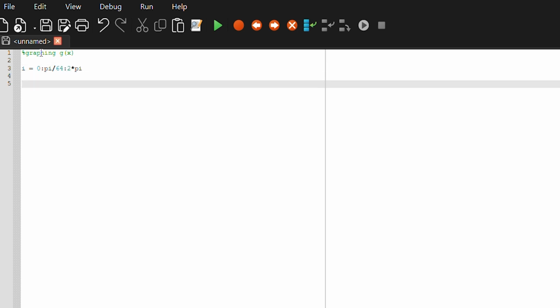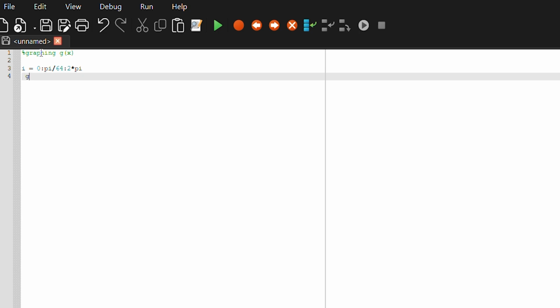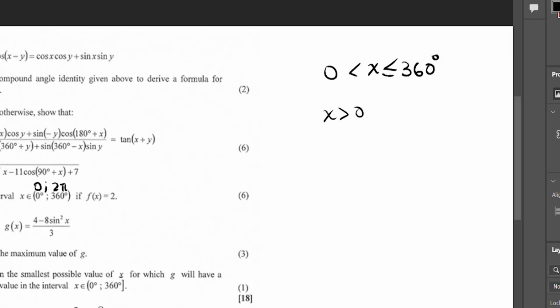And what we're graphing is g, where g equals, from what we had, the top, the numerator, all divided by 3. If we check back, we're graphing this element right here.